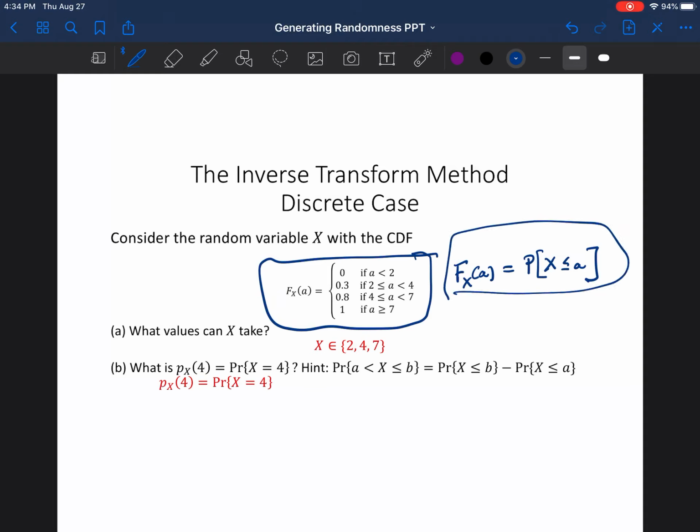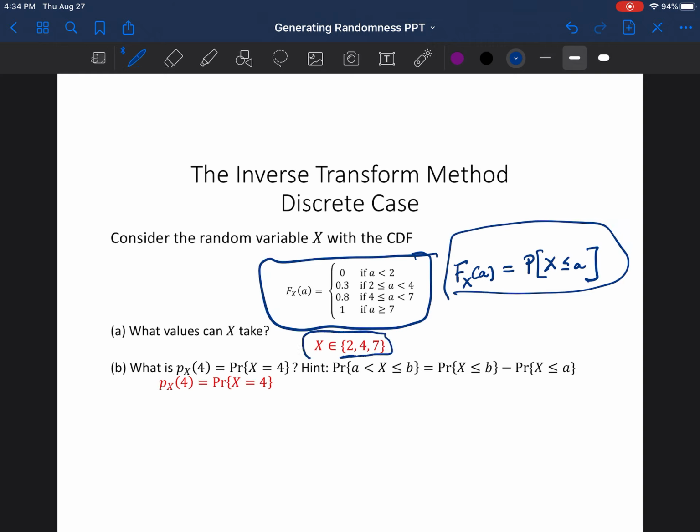From examining what we have here, we can see that the probability that it's less than or equal to 1 is 0, 1.9 is 0, 1.99 is 0. As close as you want to get to 2, the probability that X is less than or equal to that is 0, until you get to 2, at which point suddenly the probability that it's less than or equal to 2 is 0.3. But that's true for values higher than 2 until you get to 4, which means that X can assume the value of 2.